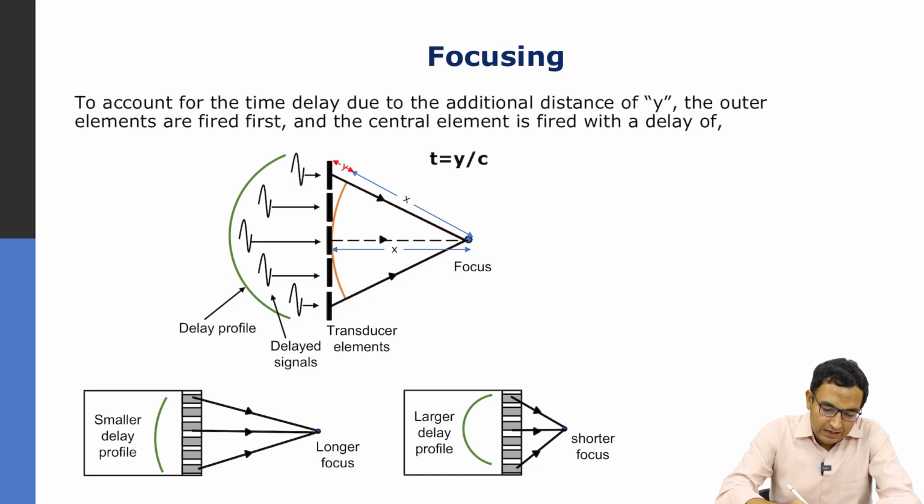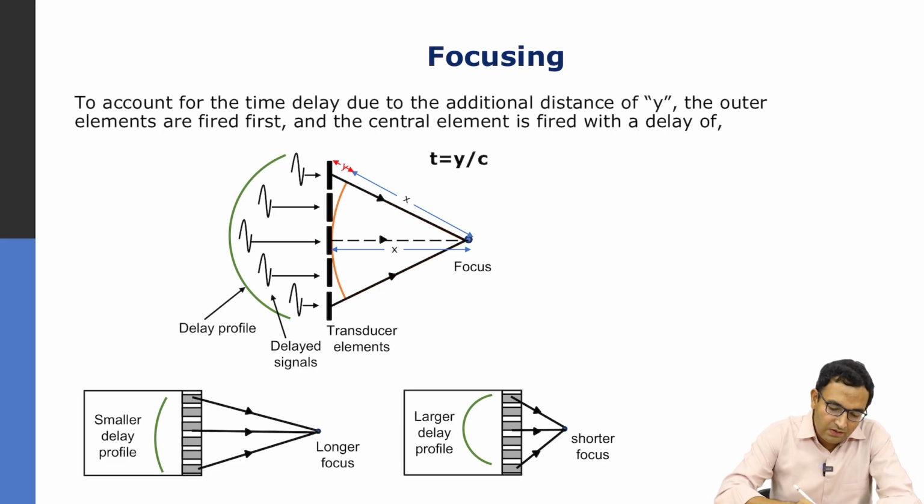So, if I give a 0 delay to the center element, that means it fires first, I can give sequentially increasing delays, and the maximum delay will be y by c. In this way I can compute the delays.